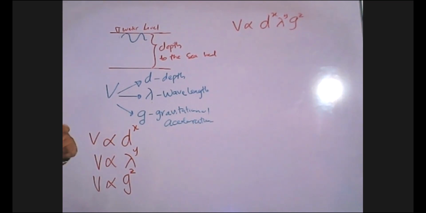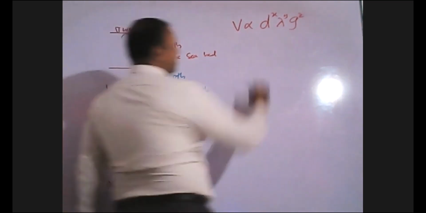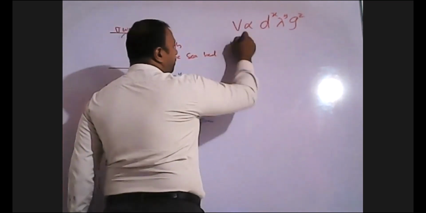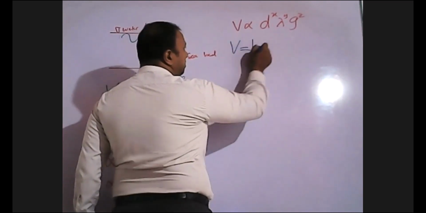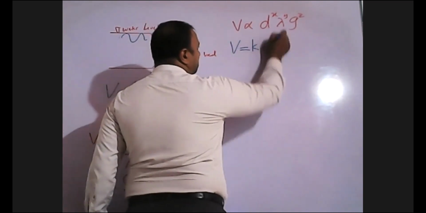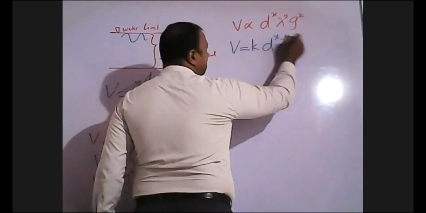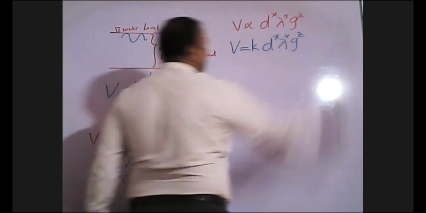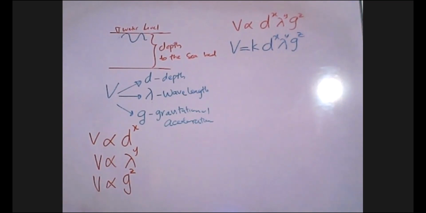Then I can convert that relationship into an equation using a proportionality constant. Now I have to find x, y, and z.